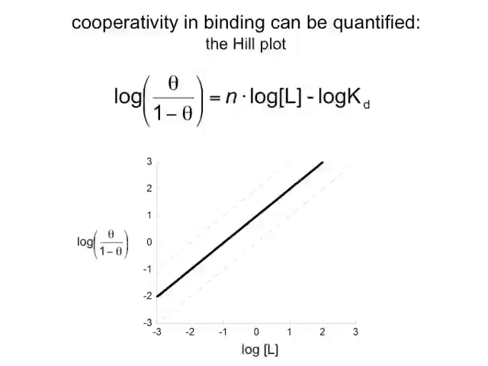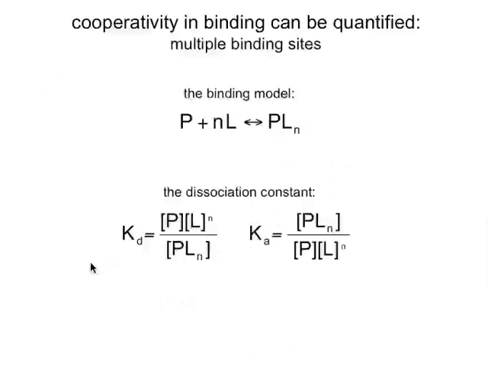Well, we can do something, and we'll play with this in class a little bit. We can create something like a Hill plot, and this is just a reorganization of that. Remember what I showed you before was the fraction bound, theta, is just a combination of the ligand concentration and the KD.